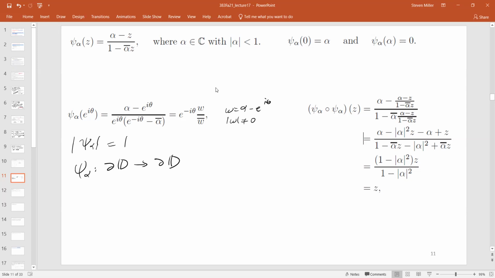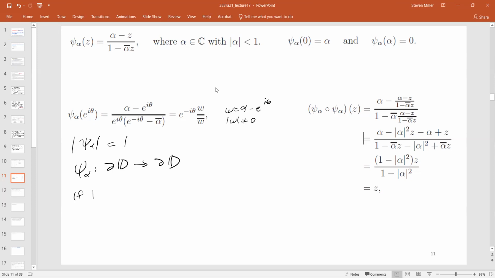No, alpha is fixed. For fixed alpha, I have a map. And what we just showed is if you take z to be of the form e to the i theta, on the boundary of the unit circle, then it maps the boundary of the unit circle to the boundary of the unit circle. So what must be true in the interior?